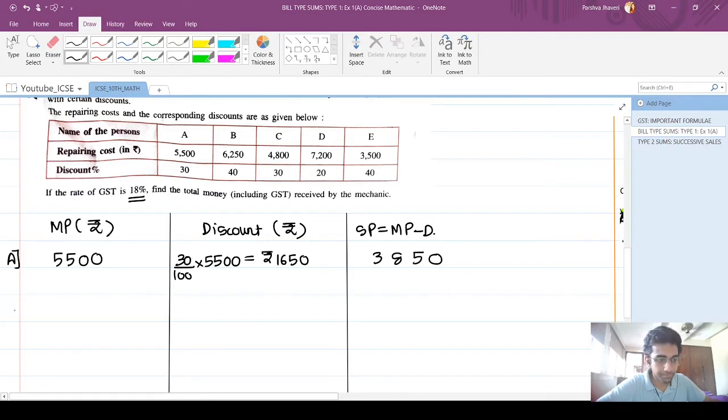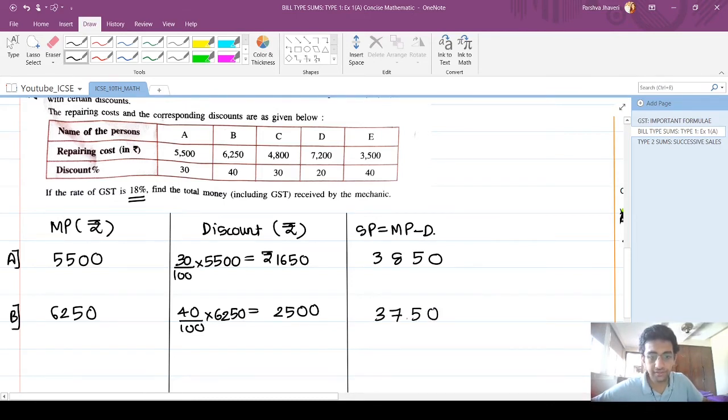Next, let's look at customer B. For him, the marked price was 6,250. He got a 40% discount. I'm going to do the same thing: 6,250 minus 2,500 gives you 3,750. Next, for customer C, the marked price was around 4,800. He got a discount of 30%.